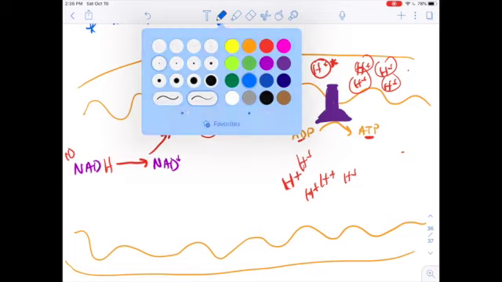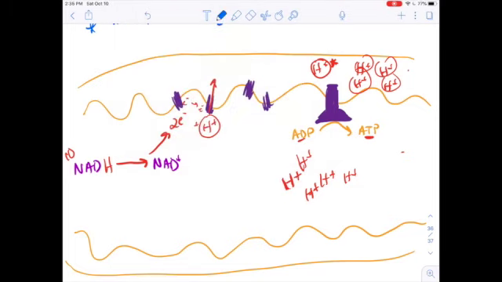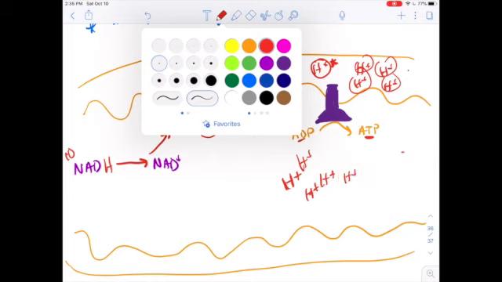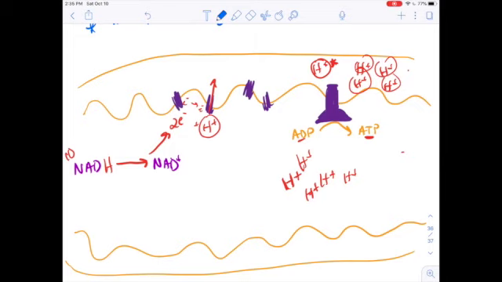Instead, the cell's like, we got this. If we could somehow bind these protons to another molecule, they wouldn't be here anymore. So the cell's like, all right, yep, I got this. The other molecule is like, I offer myself as tribute. And that other molecule is O2.